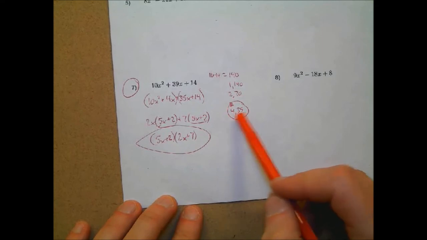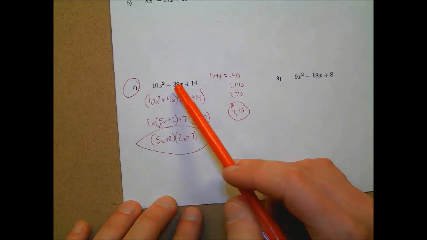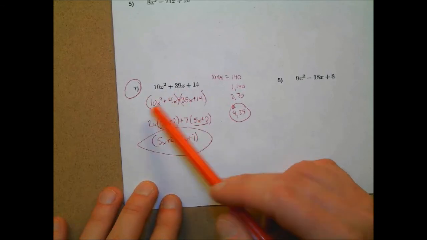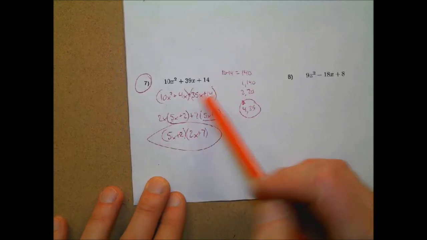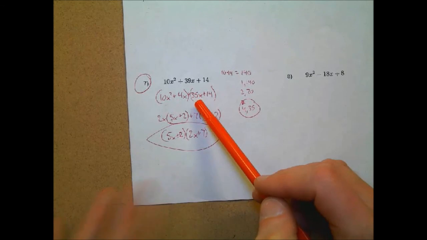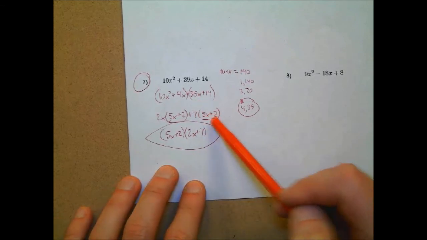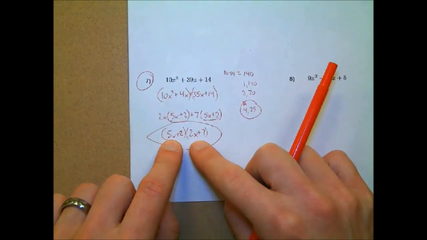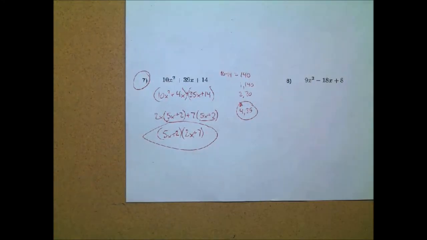In fact, that's the answer because 4 plus 35 is 39. So break that 39x into 4x and 35x. Group and group. Take 2x out of the first two, leaving 5x plus 2. Take 7 out of this, leaving 5x plus 2. They both have a 5x plus 2. So you're left with 5x plus 2 and 2x plus 7. And there's your final answer. Questions on number 7?